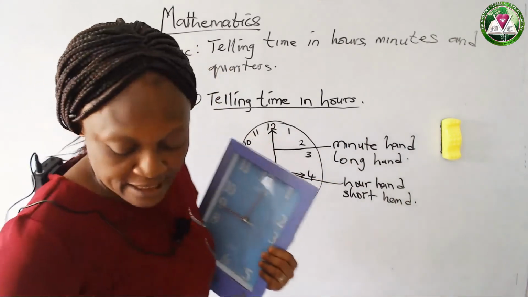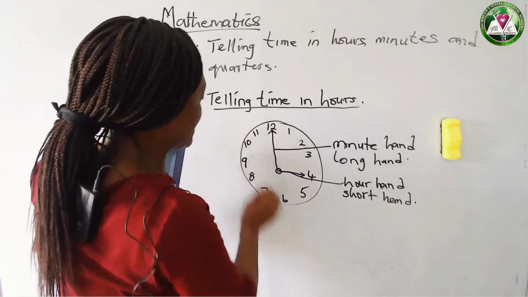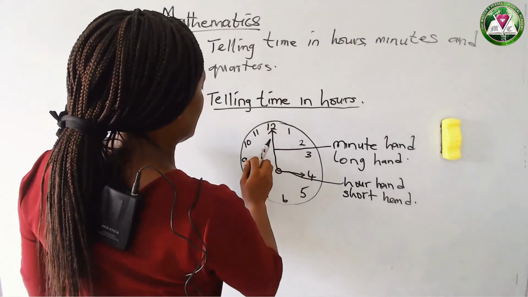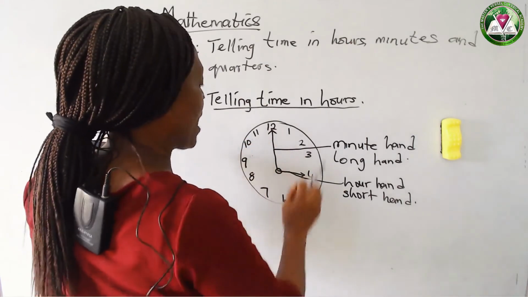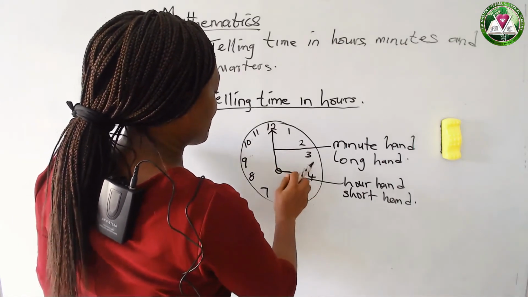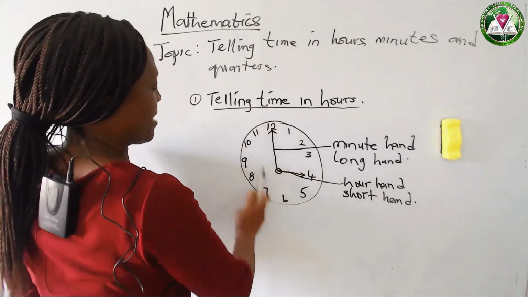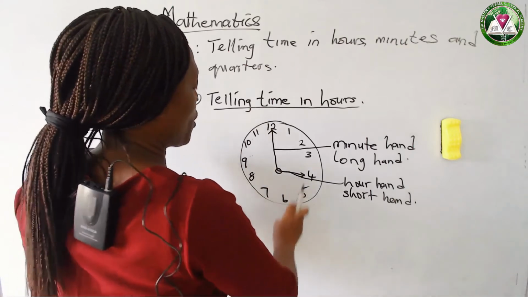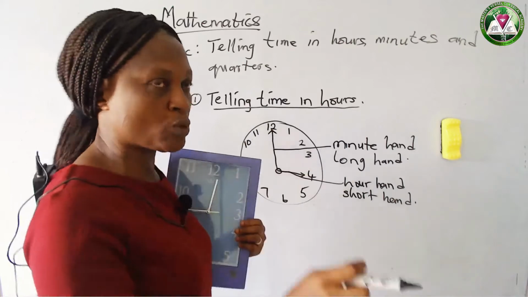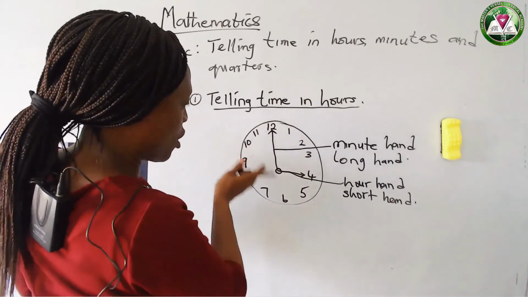If you look at the time here, you can see that the long hand, which is the minute hand, is at 12, while the short hand is at 4. So whenever the long hand is pointing to 12 and the short one is pointing at any number, the place that short one is pointing to is that o'clock. For example, this one I drew on the board now.